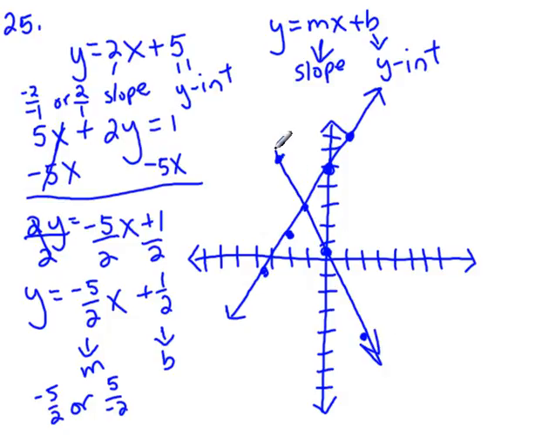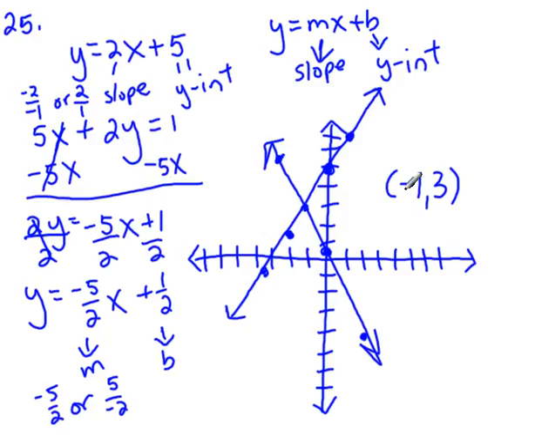You can see how difficult this is to get an accurate solution, because the solution is going to be where these two lines cross each other. So if you look at that, it appears to be happening right here, which is the point negative 1, positive 3. Negative 1, positive 3 is where the two lines cross each other, and that's the same thing as if I had solved these two equations using, for instance, substitution.